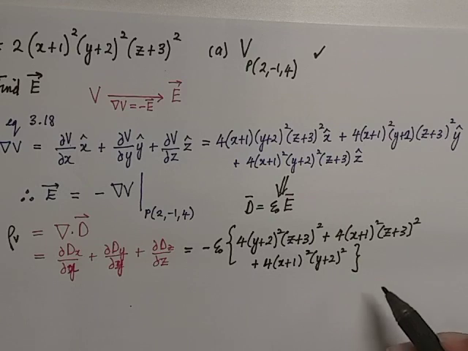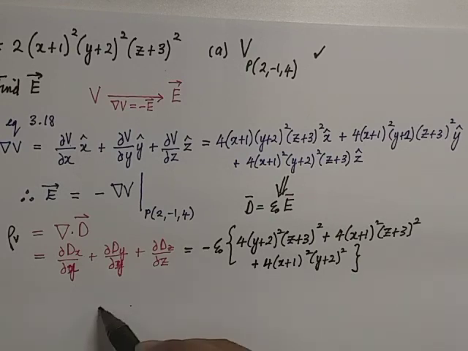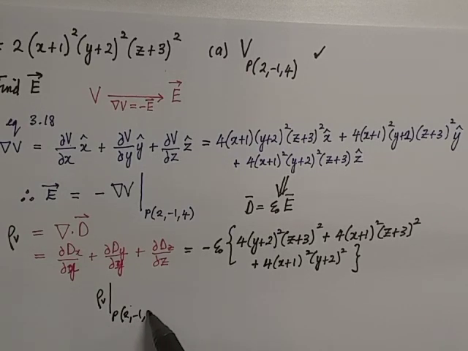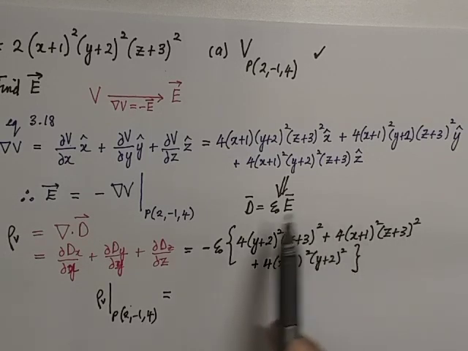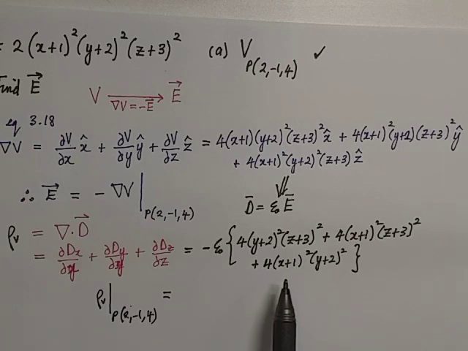Then rho V at position P, 2, negative 1, 4: the x should be equal to 2, the y equal to negative 1, and the z equal to 4. That should be the approach.